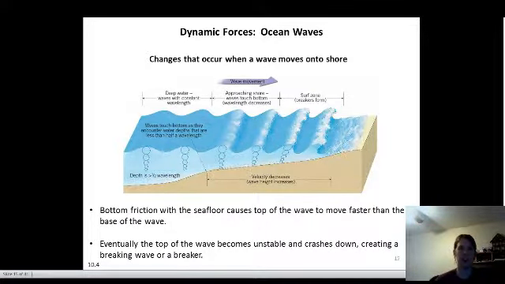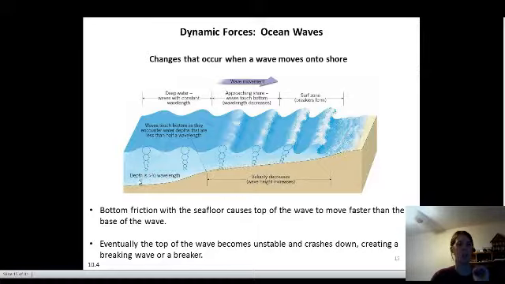Now, there are changes that occur when a wave moves to shore. So what happens is we have these particle orbits, and as you have the wave energy or the wind energy coming, you have much larger orbital circles for the particles towards the surface. But as you increase with depth, you're not getting all that energy transfer from the wind, so you have smaller orbits with these water particles until you reach a point where there is no impact from the wind.